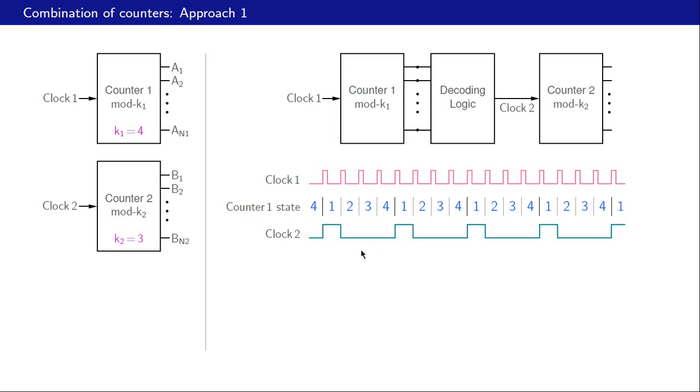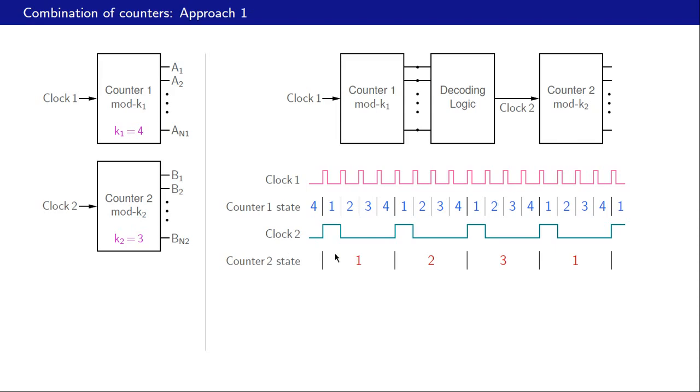And here is an example. So this is what clock 2 may look like. It is 1 when the first counter is in state 1, otherwise it is 0. So it is 0 when the state of the first counter is 2 or 3 or 4, and it is 1 again when the first counter is in state 1, and so on. Now this clock 2 serves as the clock for the second counter, which has 3 states.